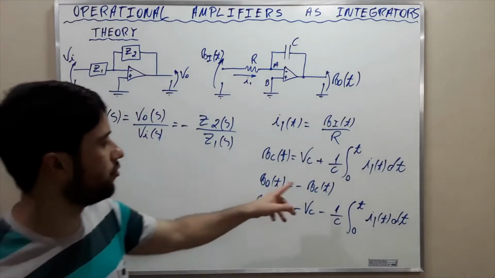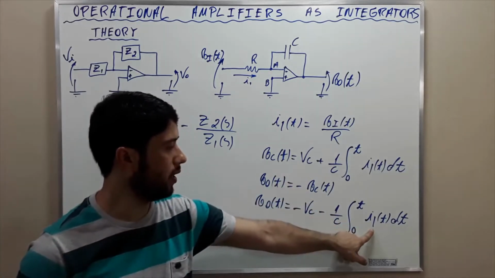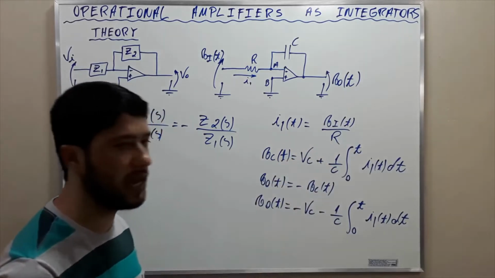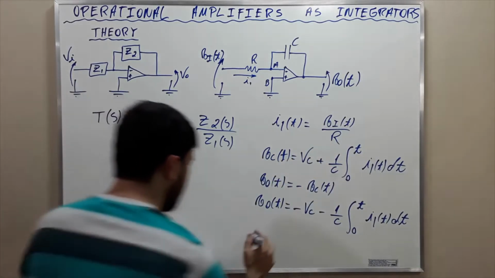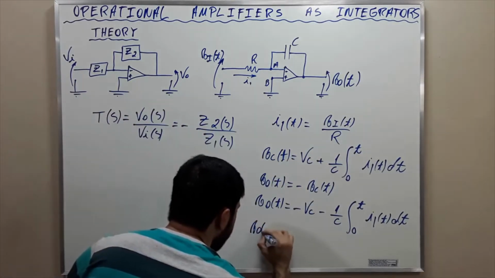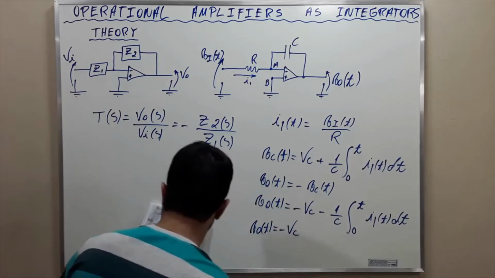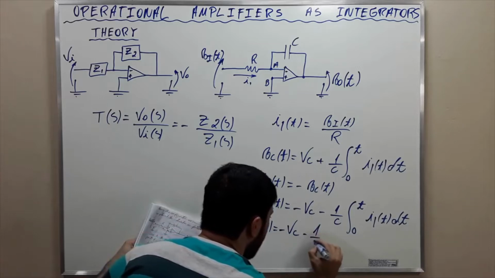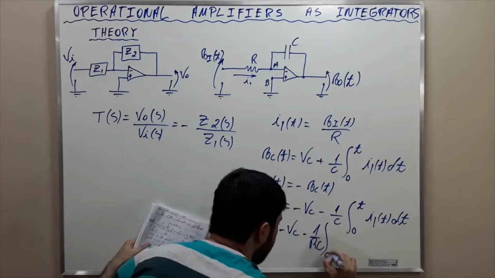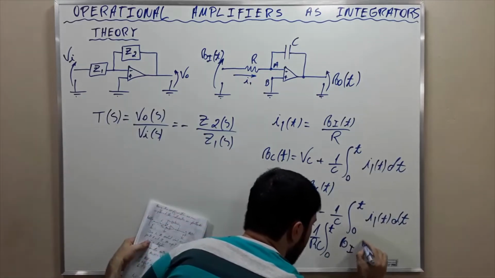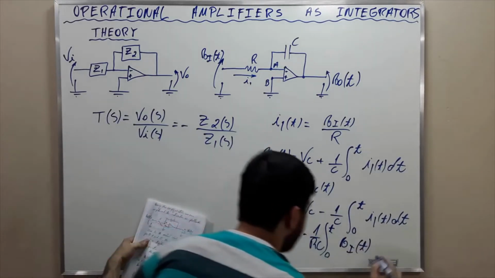Next, we are going to substitute here in I1 of t, we are going to substitute this. And lastly, we find that V0 of t is equal to minus Vc minus 1 over RC, the integral from 0 to t of Vi of t dt.